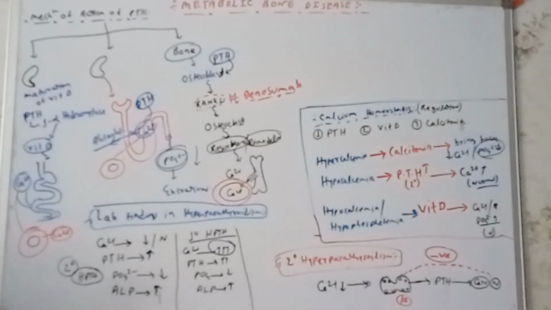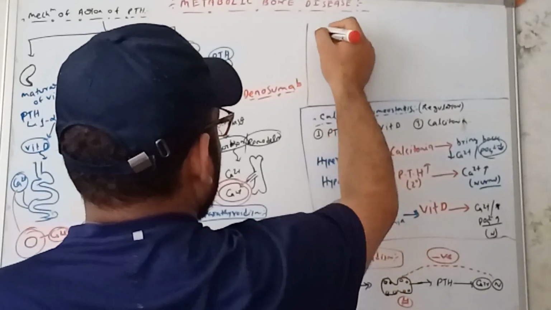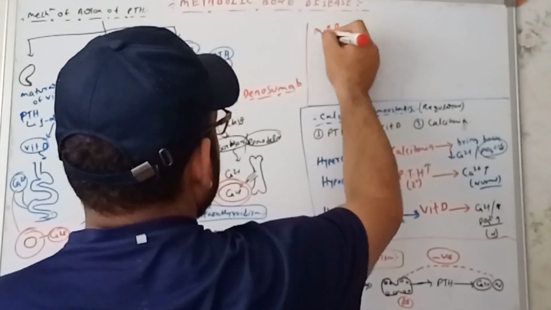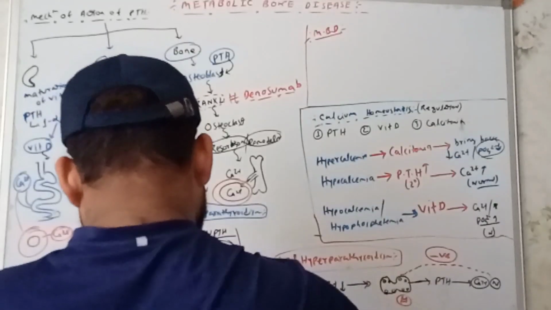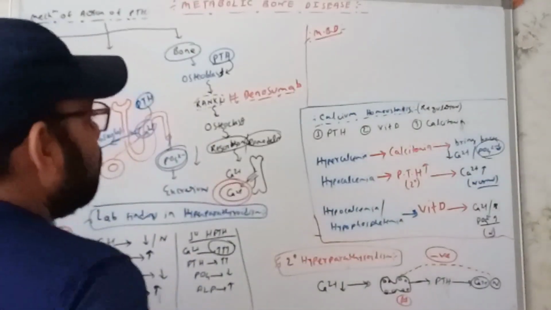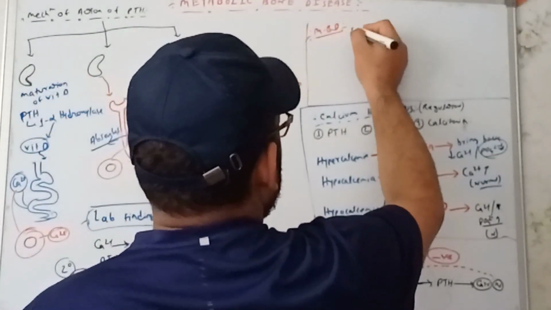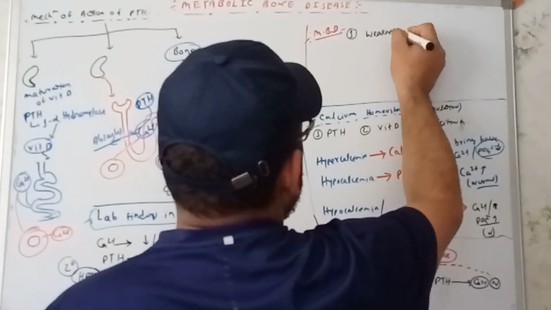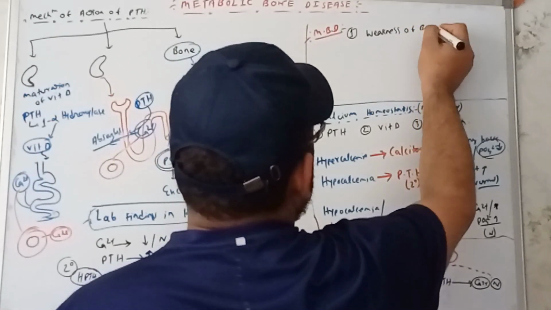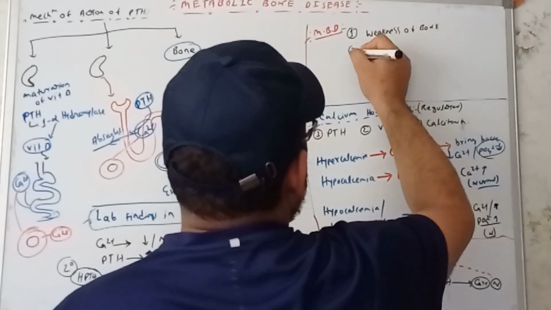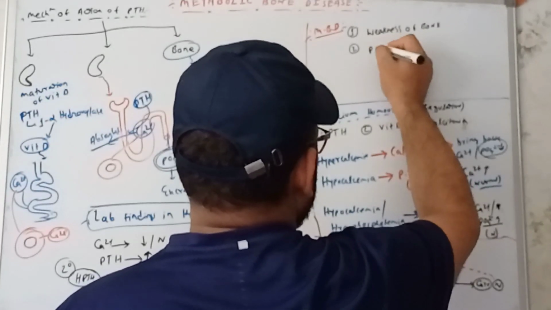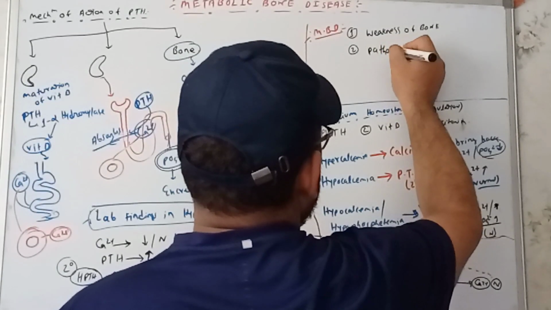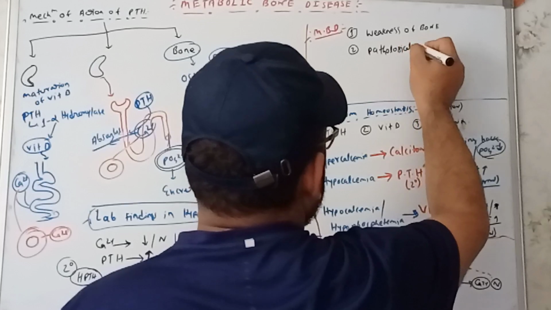So what kind of things will we see? In metabolic bone disease, first of all we will see weakness of the bone. Second, the chances of developing pathological fracture will be increased.